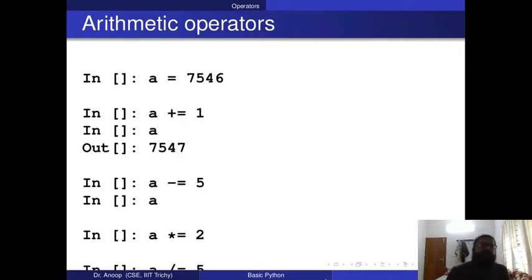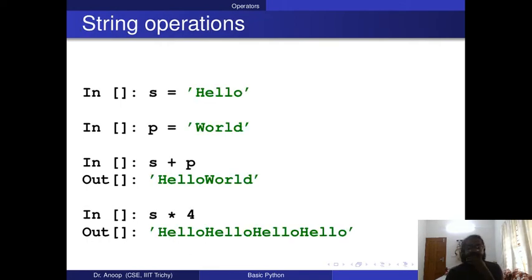You can have other arithmetic operations as well. a is equal to 7546, a plus equal to 1 is a is equal to a plus 1. a is equal to a minus 5 can be written as a minus equal to 5. a is equal to a into 2 can be written as a star equal to 2. a is equal to a divided by 5 can be written as a divide equal to 5. The same kind of things that we have seen in the C programming language.